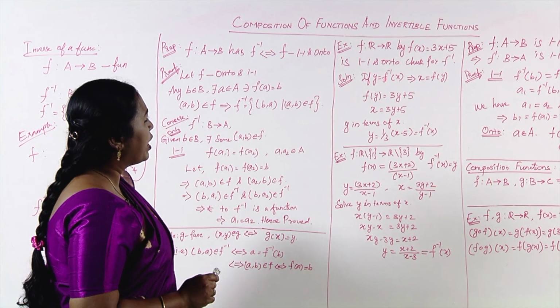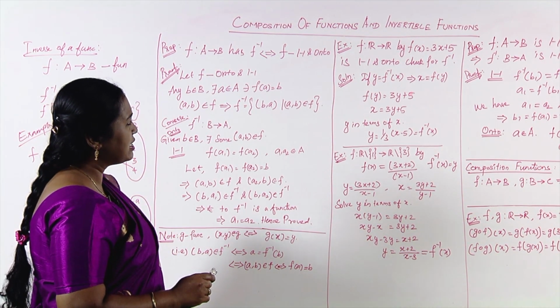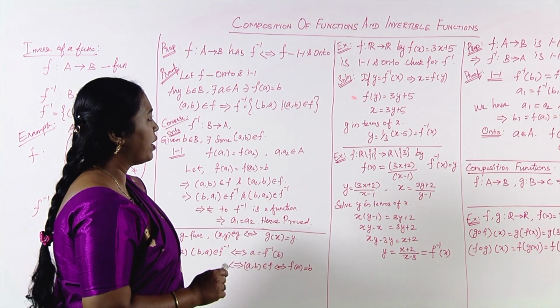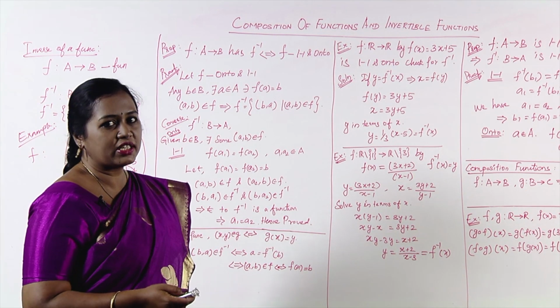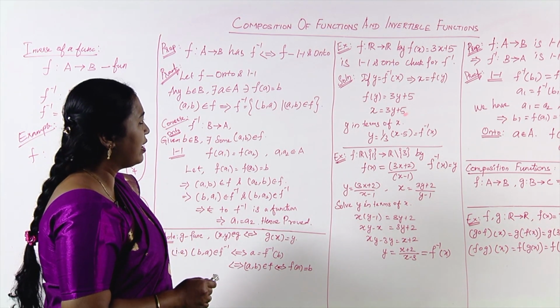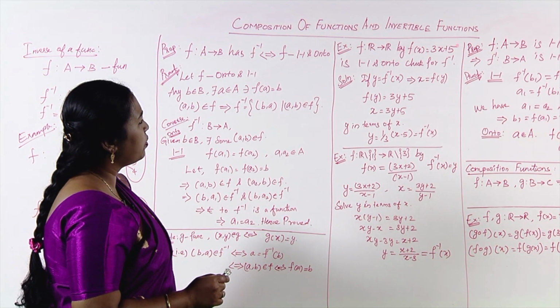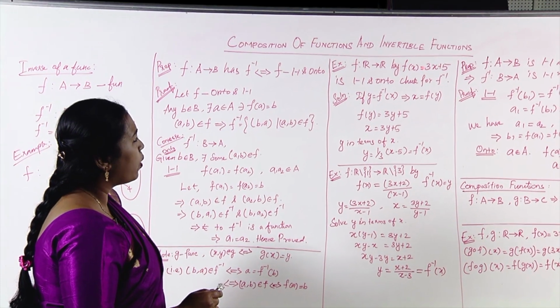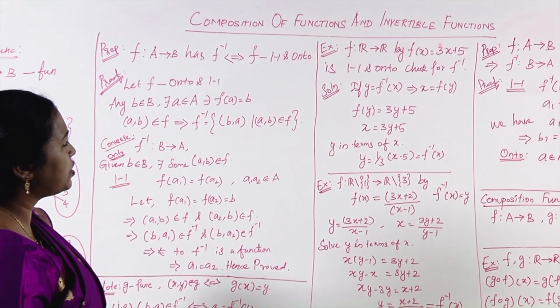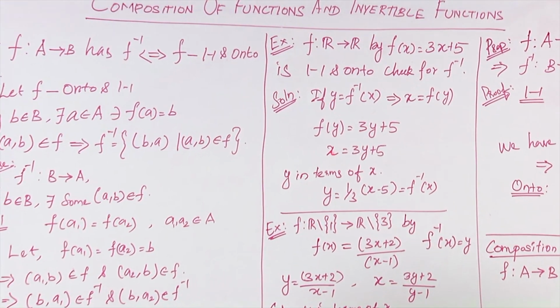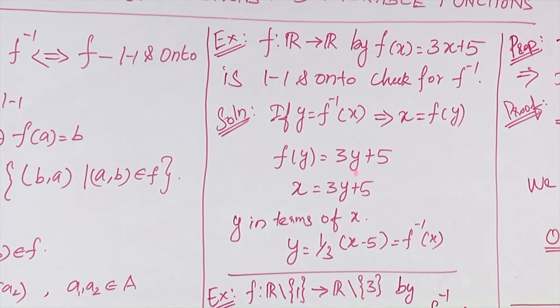So, y is equal to f inverse of x implies that x is equal to f of y. Obviously, if f inverse exists, this should be quite valid. Hence, f of y should be equal to 3y plus 5. So, what I am doing is merely substituting y instead of x.